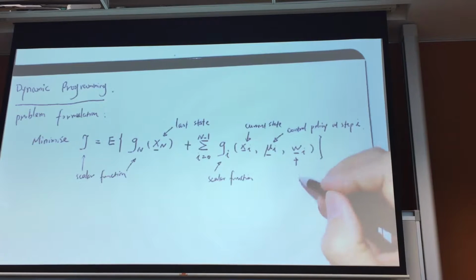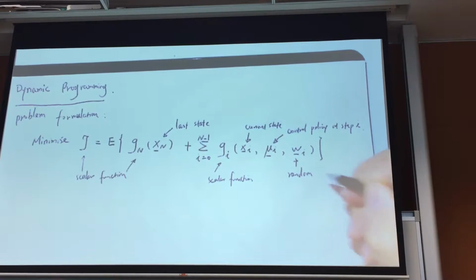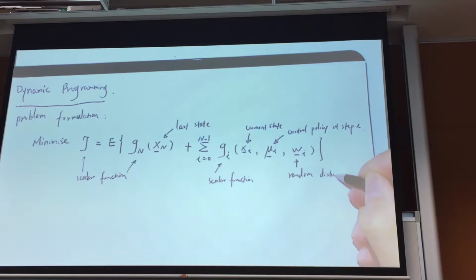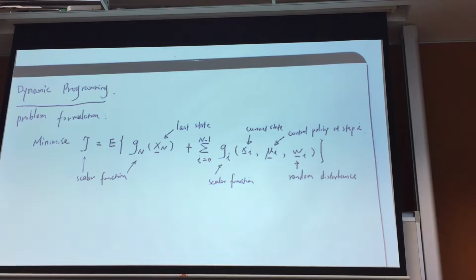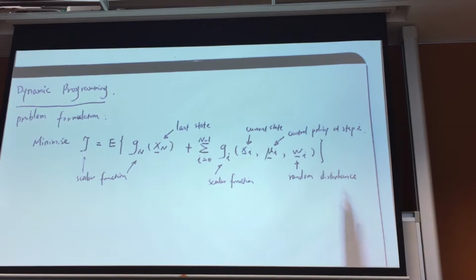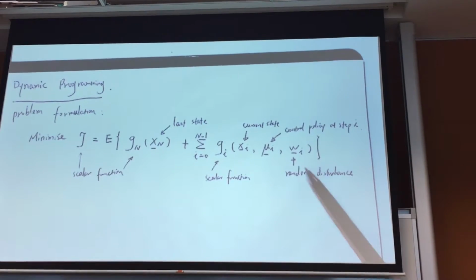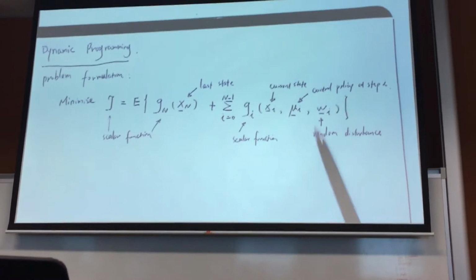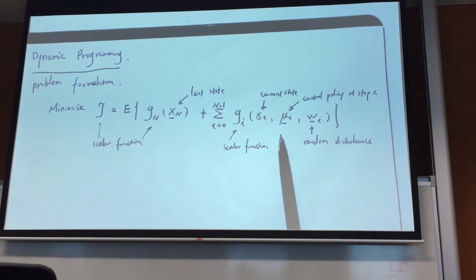And this w is the random disturbance, for example, some forces of the wind. So the wind will cause some random disturbance to your control problem.